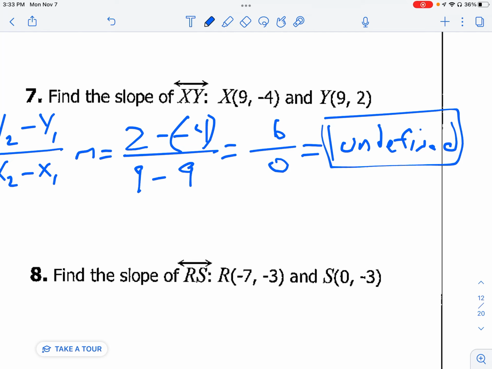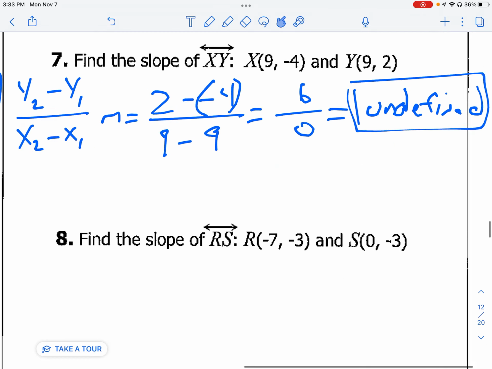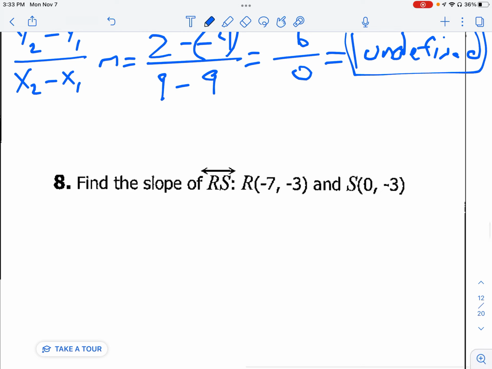So m is undefined. x never changes. We have a vertical line. Minus 3 minus a minus 3.